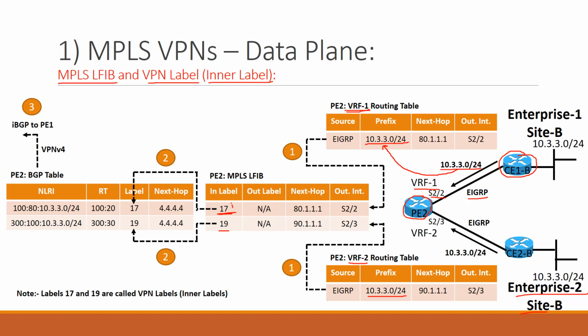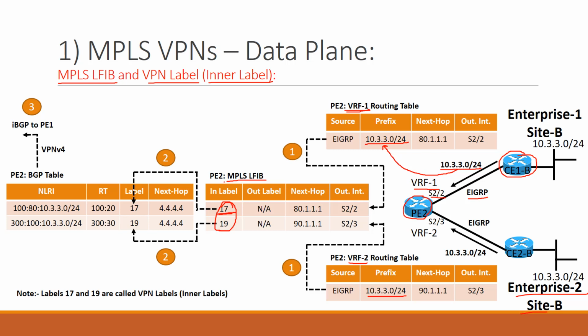These labels are the VPN labels that will be used in the inner header, or the inner label. And these entries, PE2 will add to its MPLS label forwarding information base.